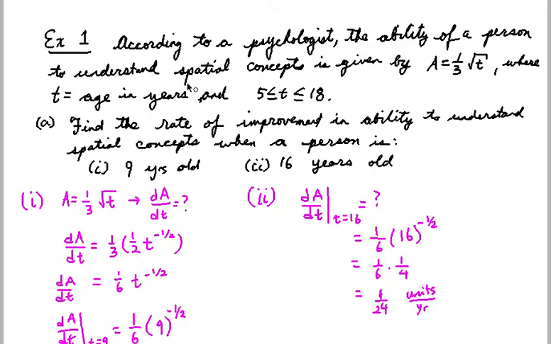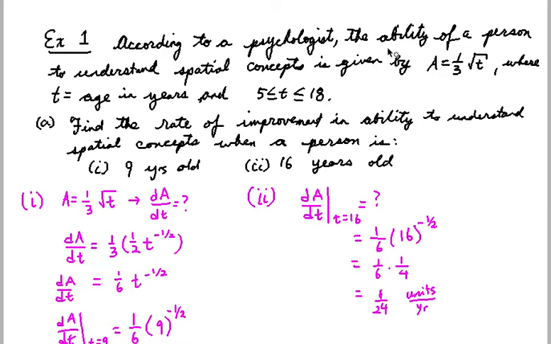So can they understand putting together a three-dimensional puzzle, or can they understand throwing a ball and the concept of depth? If we say to this psychologist, can you give us some data about the ability of the person, and let's say we could measure the ability with a number, so a person with an ability of 5 can understand a certain amount of spatial concepts.